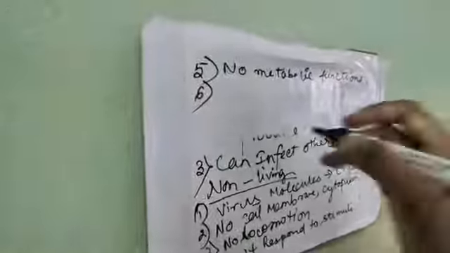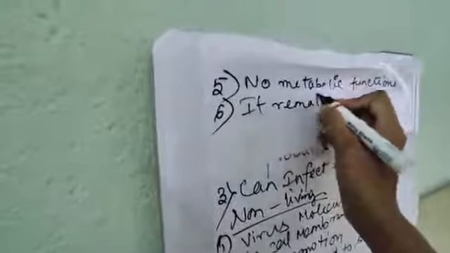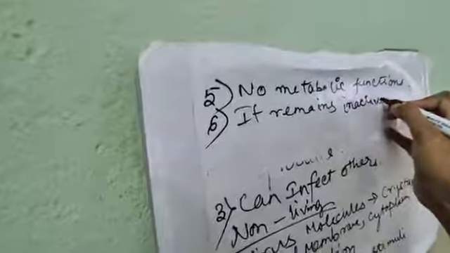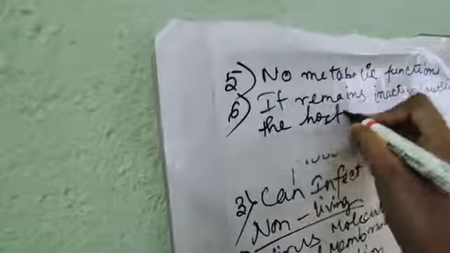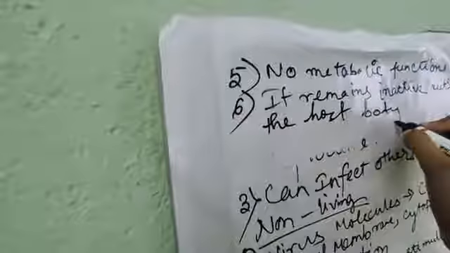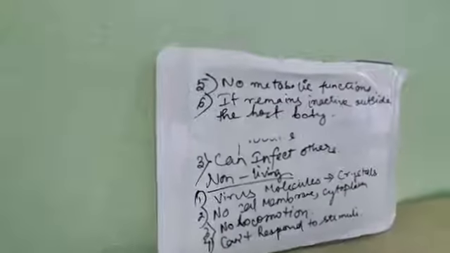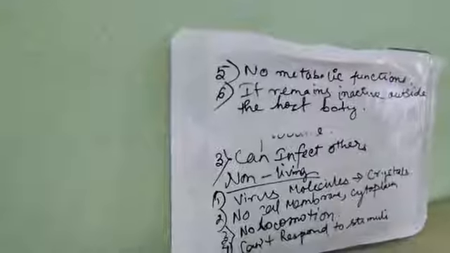Number 6, it remains inactive outside the host body. So these are the non-living characteristics. That is why virus is considered as the intermediate between living and non-living.